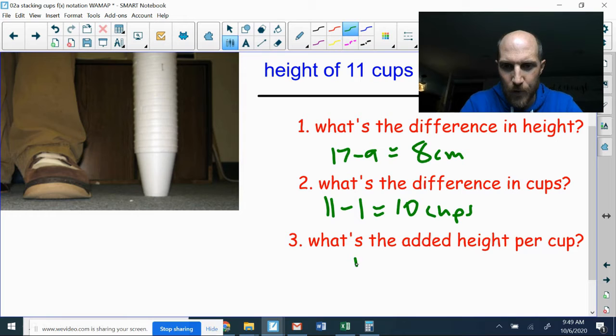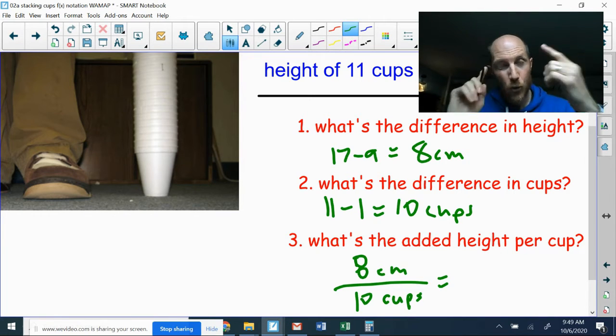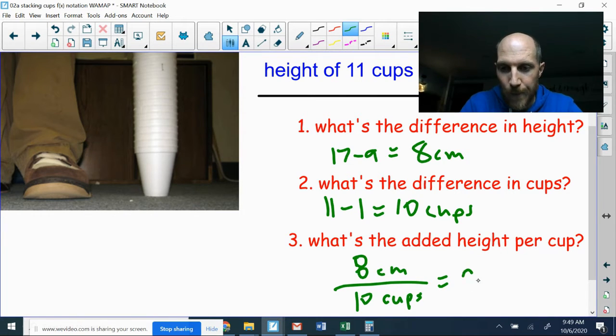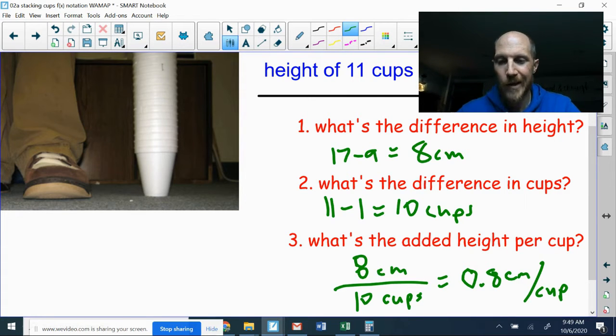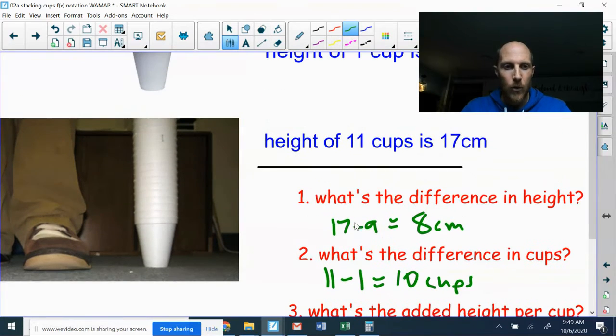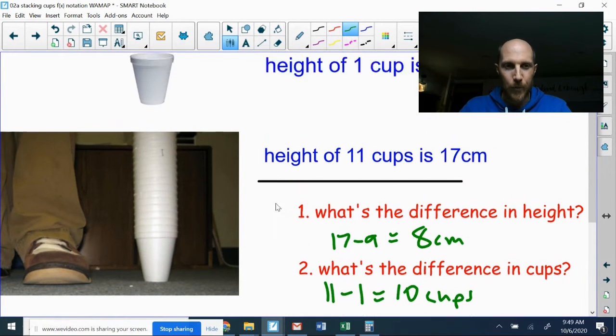We're going to go per cup, 8 centimeters, split up into 10 parts for those 10 cups. And mental math, 0.8 centimeters per cup.